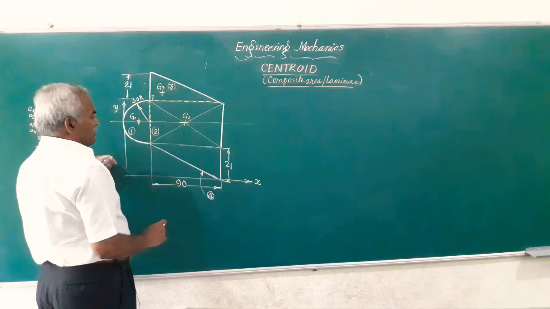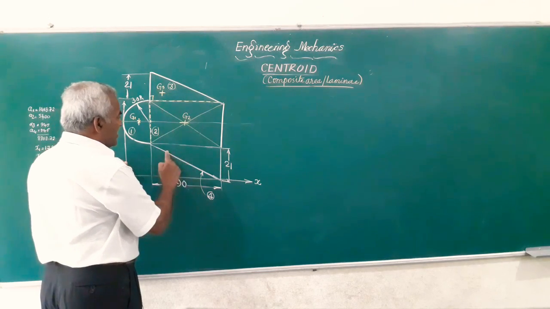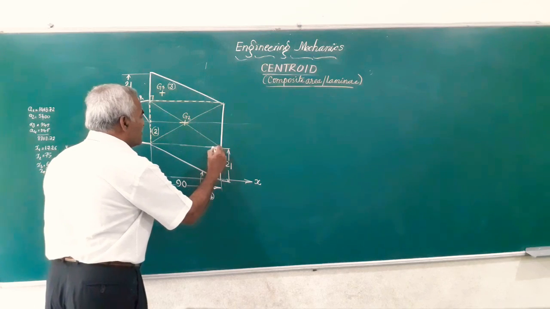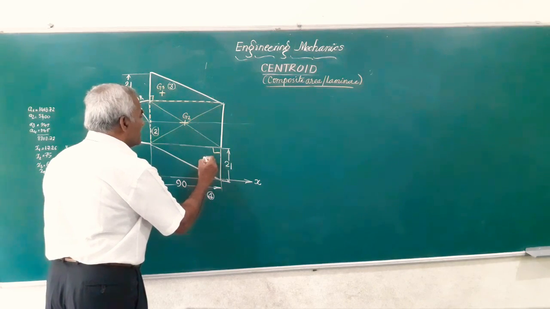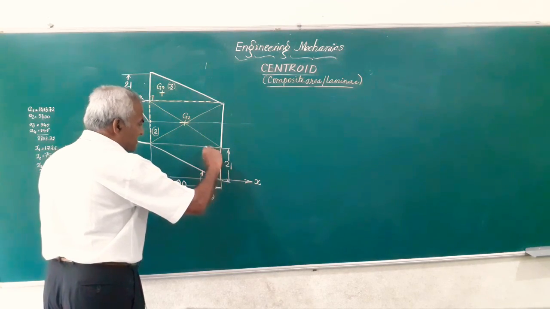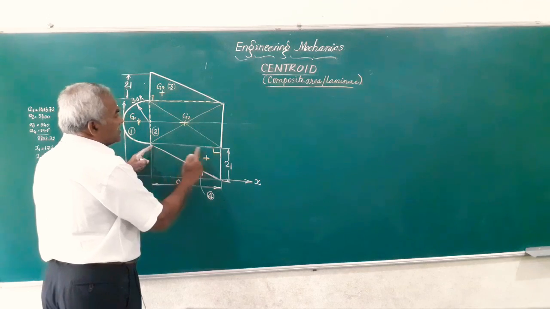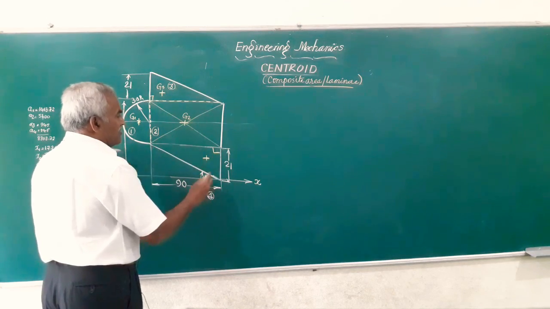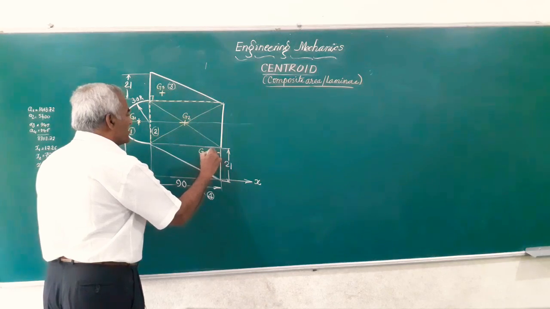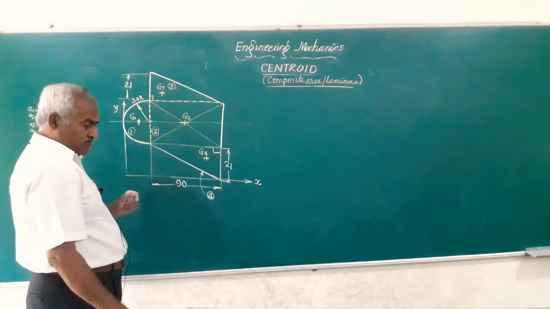Finally, the centroid of the fourth figure will be very close to this, somewhere here, at a distance of 1/3 of this height from here or 2/3 of this height 90 from here. So we call this G4, the centroid of figure number 4.